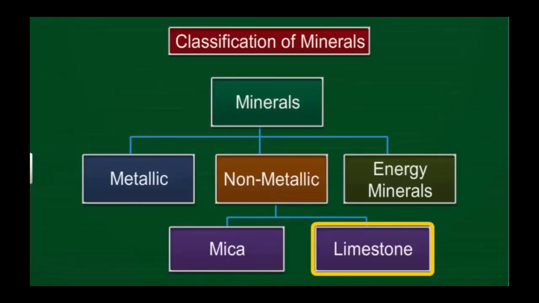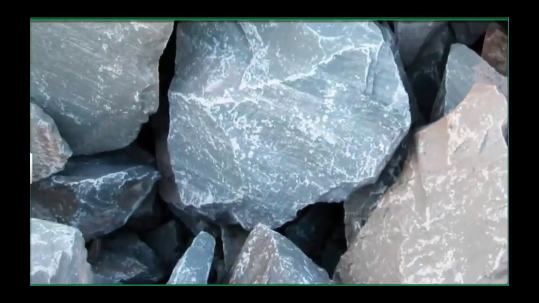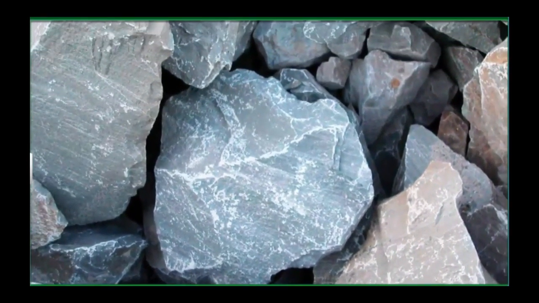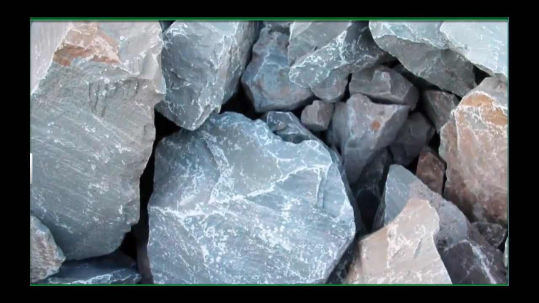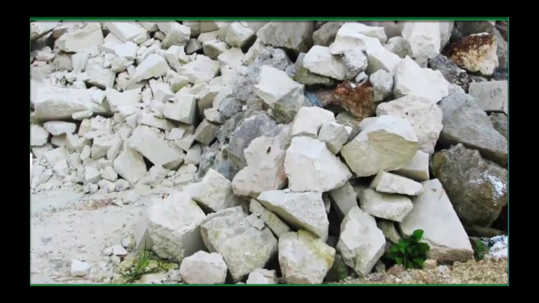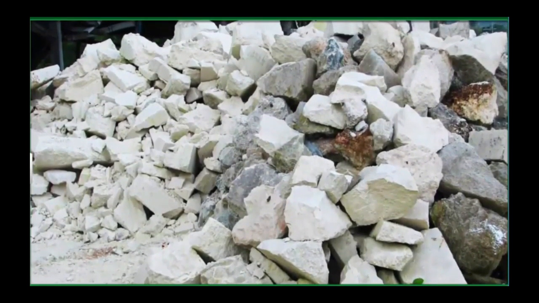Another important non-metallic mineral mined in India is limestone. Limestone is a form of sedimentary rock almost entirely composed of calcium carbonate. In some instances, magnesium carbonate is also found in limestone rocks.